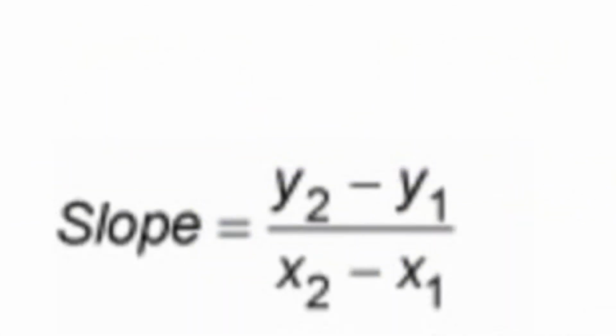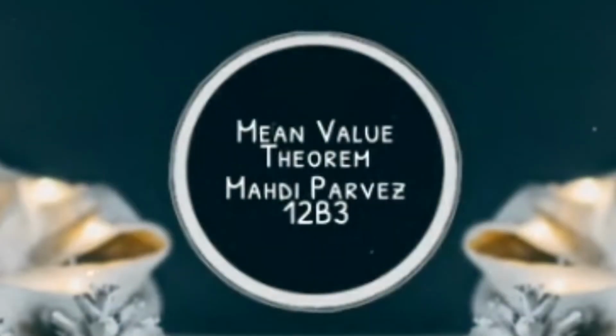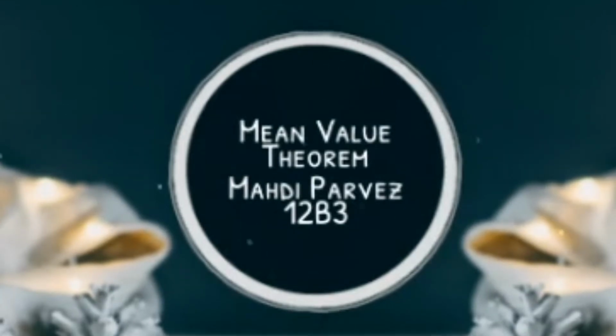There's also another form of slope, which is (y2 minus y1) over (x2 minus x1). The derivative at a point is the same thing as the slope of the tangent line at that point. So the theorem just says that there must be at least one point between a and b where the slope of the tangent line is the same as the slope of the secant line from a to b.